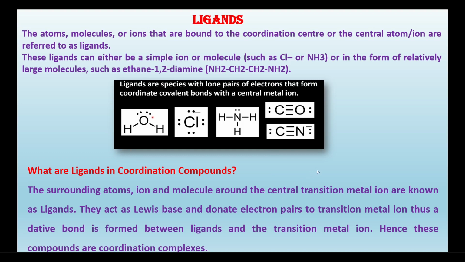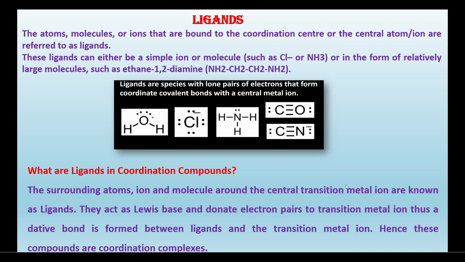What are the ligands present in coordination compounds? Ligands contain at least a lone pair of electrons, and the atom which provides a pair of electrons for bonding is the donor atom.